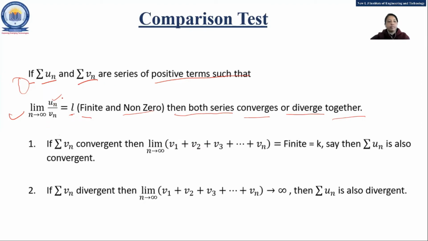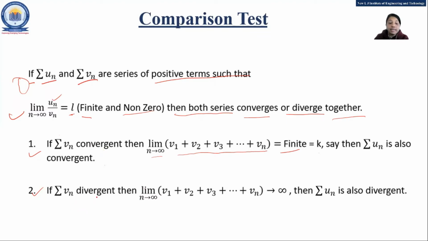Now this, no need to remember right now. If summation of vn is convergent, then limit n tends to infinity v1 plus v2 plus v3 plus up to vn is finite, some value, then un is also convergent.